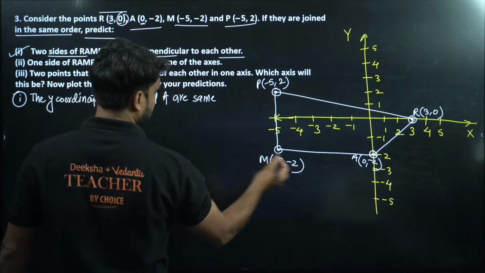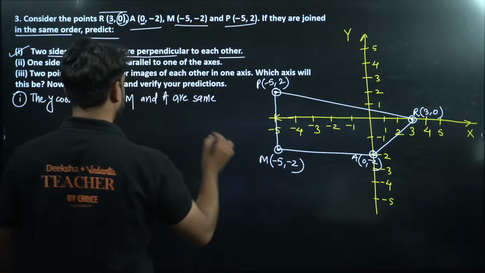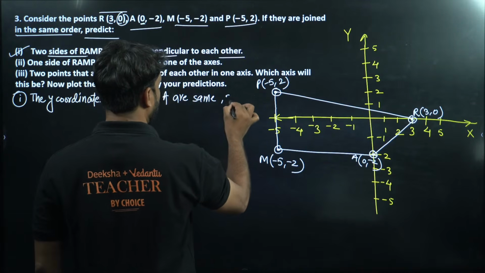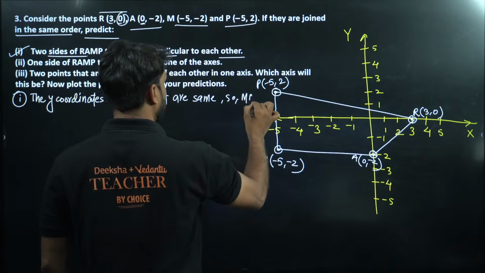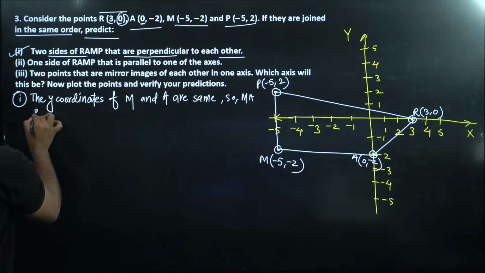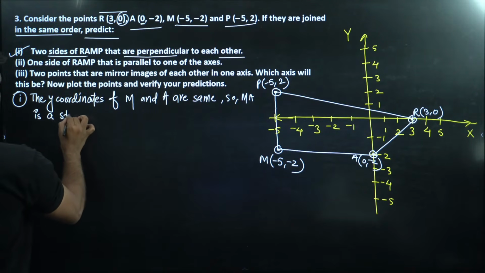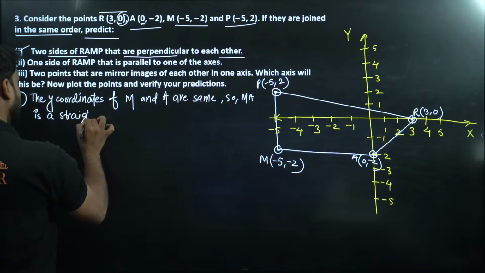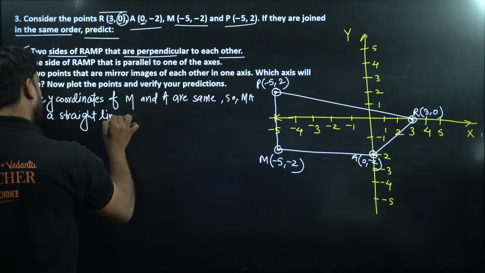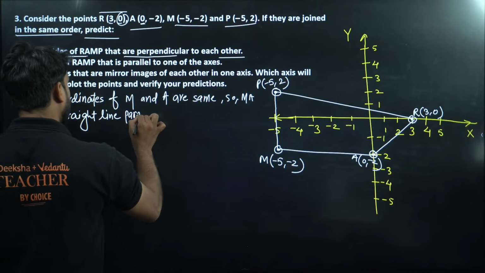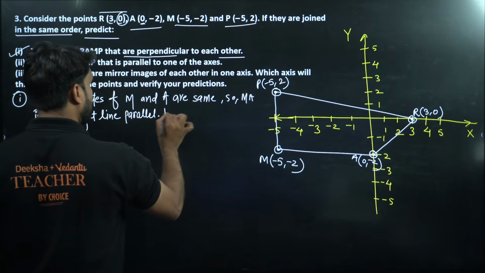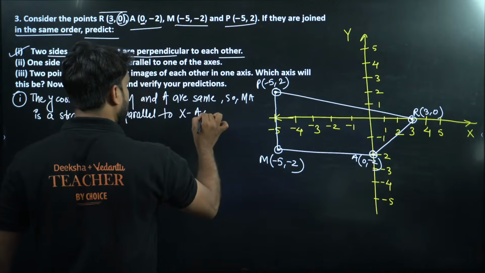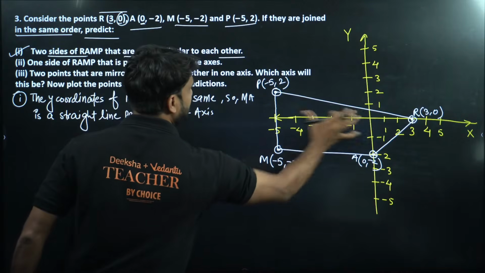So MA is a straight line parallel to the x-axis.